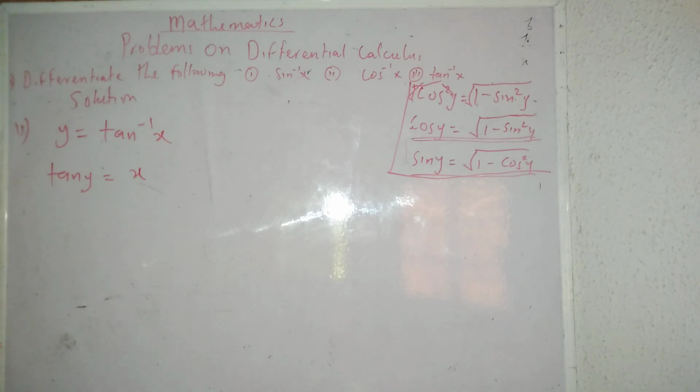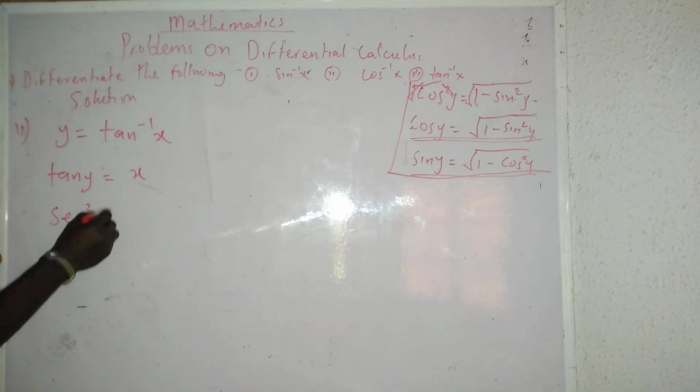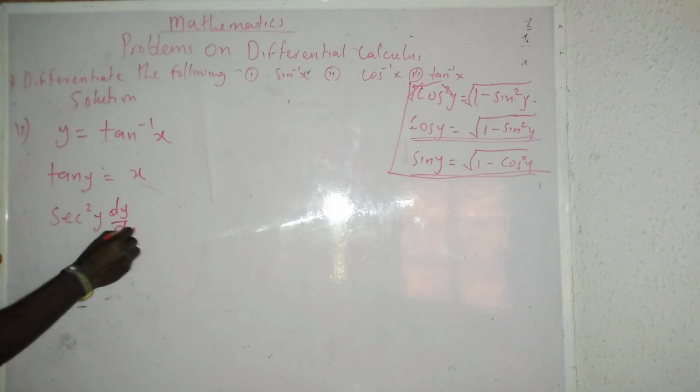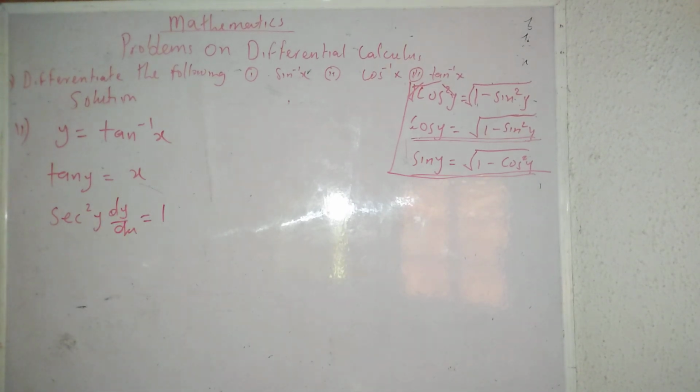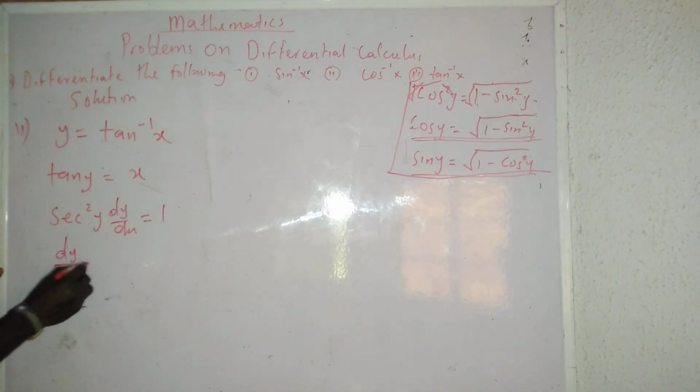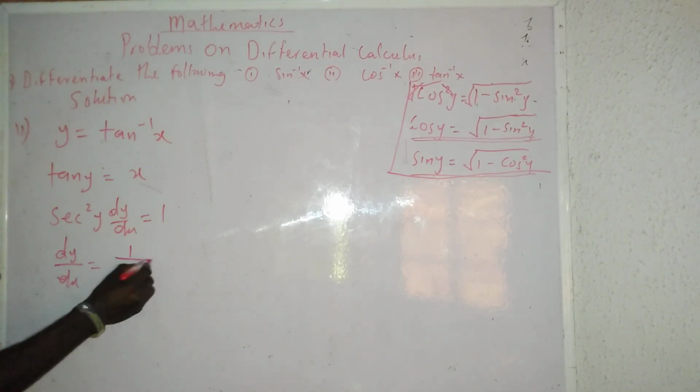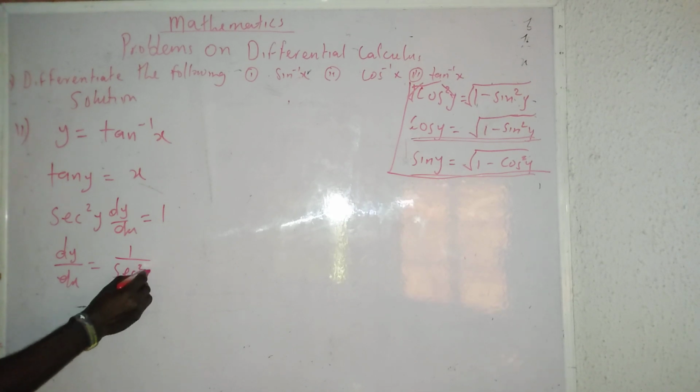If I differentiate my tan, I will have sec squared y dy/dx equals 1. Now, dy/dx equals 1 divided by sec squared y.